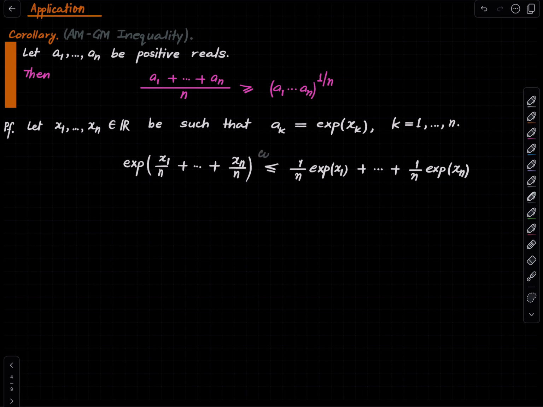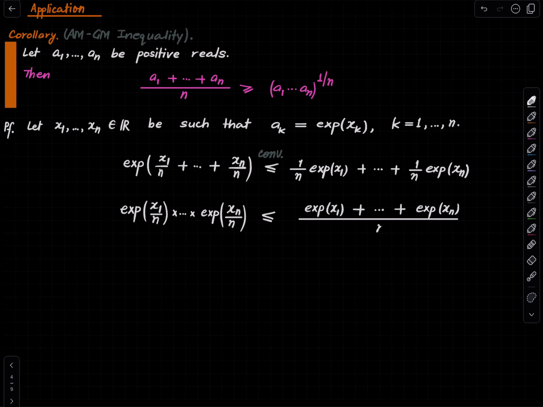And the left side is nothing but the product of the various exponentials by the homomorphism property. And the right side is the average of the exponentials. But what we discussed on the previous page was that this is the nth root of the exponential of x1 and so on.